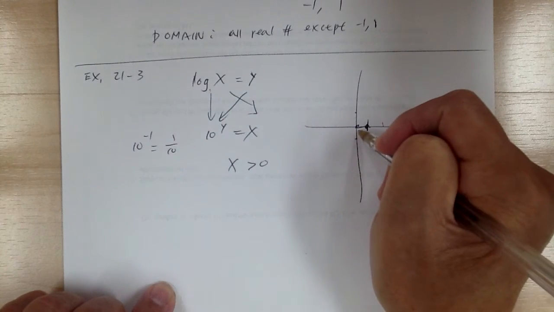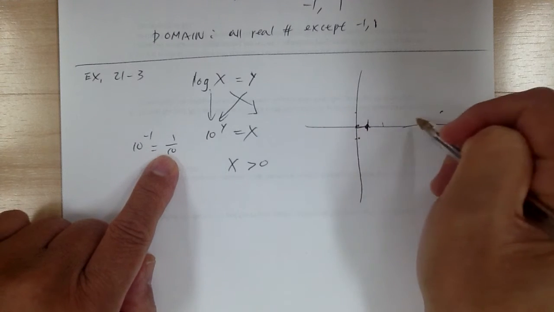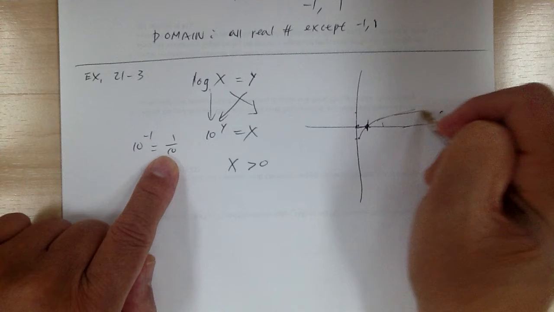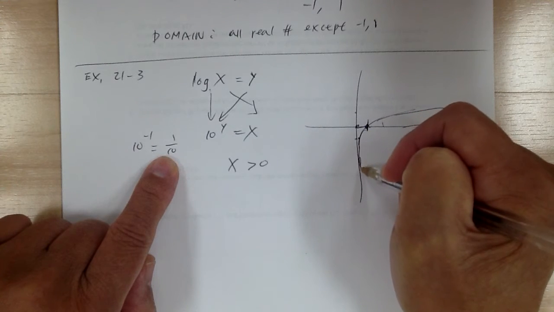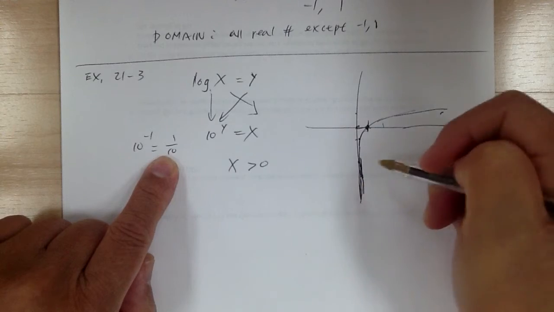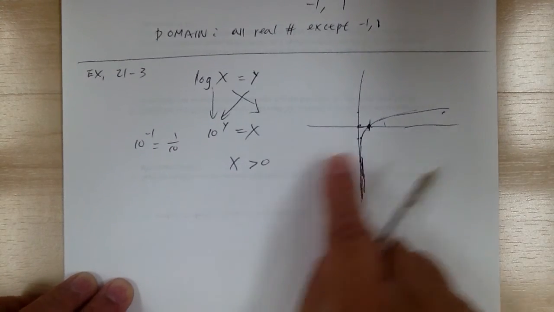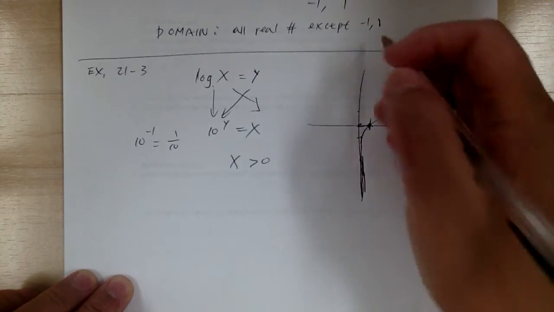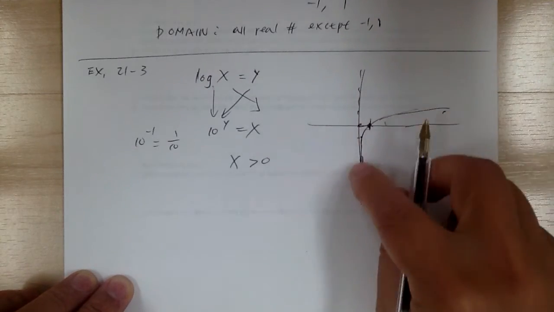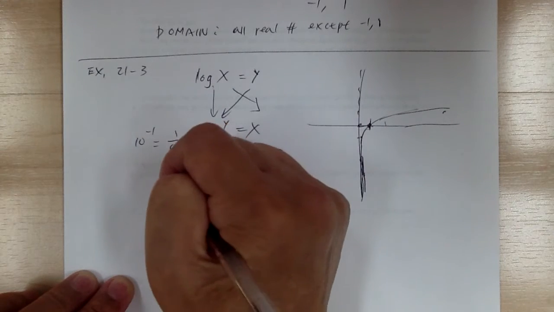So it's 1/10. So it's going to be over here. So your graph is going to look something like this. And it will never equal 0. So that's a big drop off right over here. So you can see that x will always be greater than 0. So x equal to 0 is your asymptote. You will never touch that. So again, that's your domain.